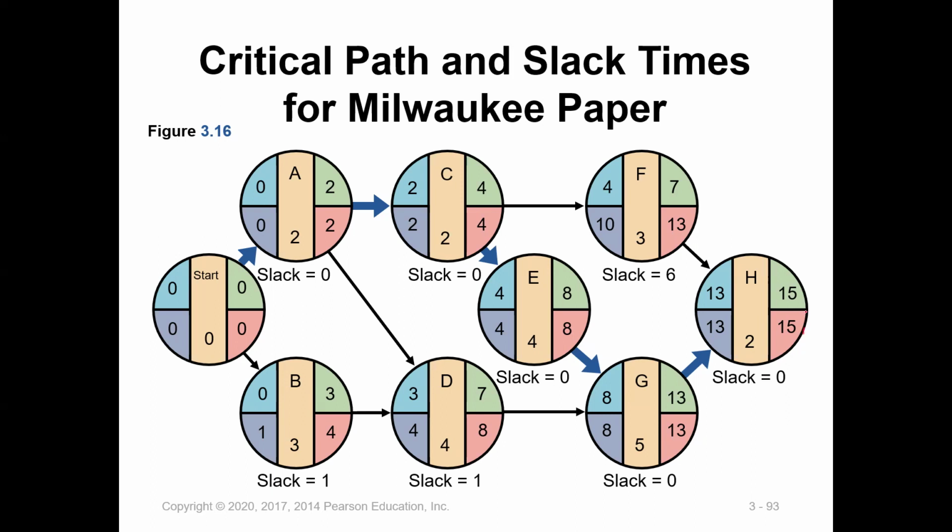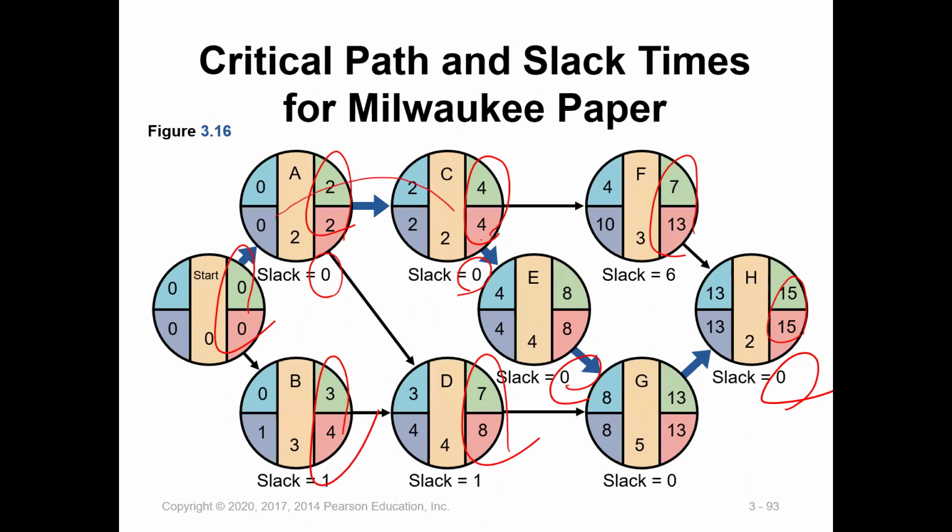You see the slack time, this minus this, this minus this, for each activity. Where the slack time is 0, this is the critical path. So A, C, E, and then G and H. This is the critical path.